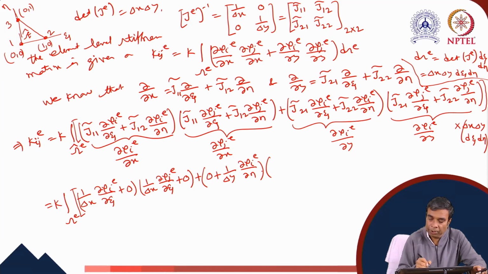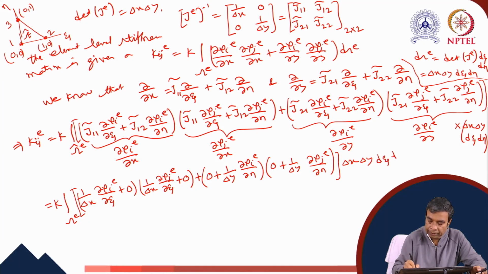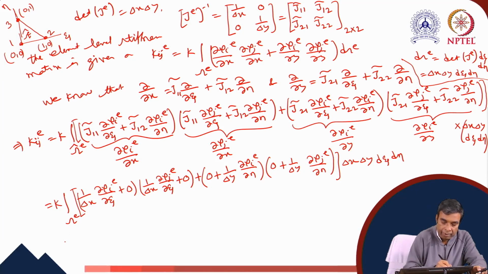In the second component we have j21 tilde del psi je del xi; j21 tilde is 0, so it is 0 plus j22 tilde, 1 by delta y, del psi je del eta. And here we have del x del y d xi d eta.